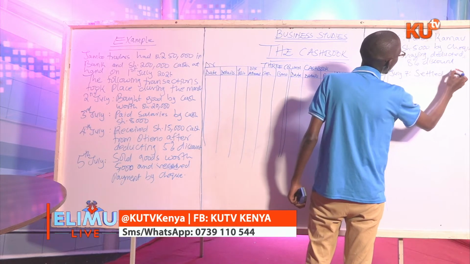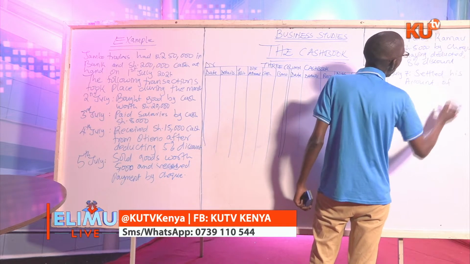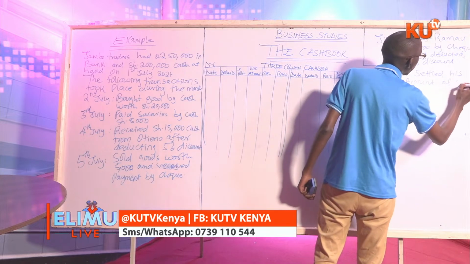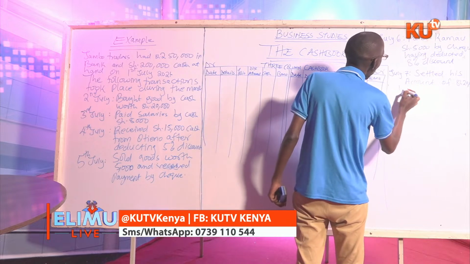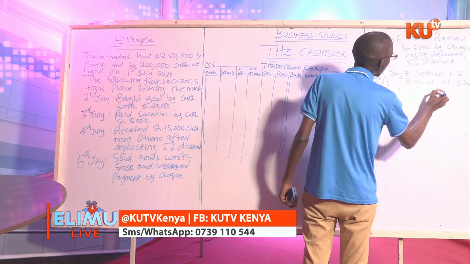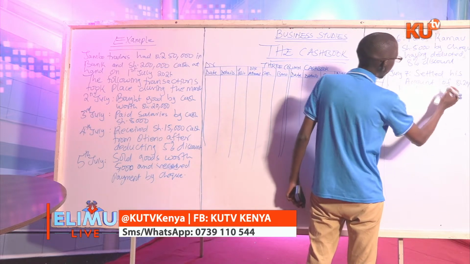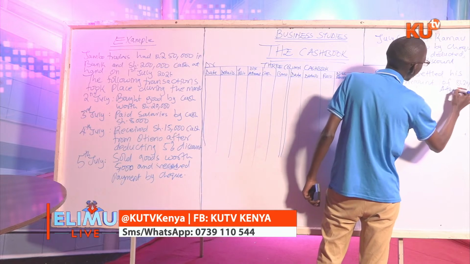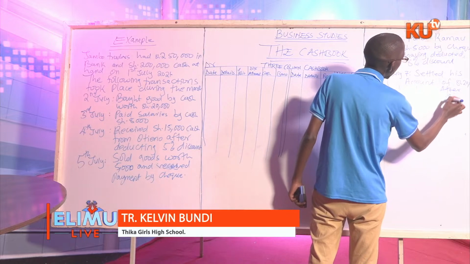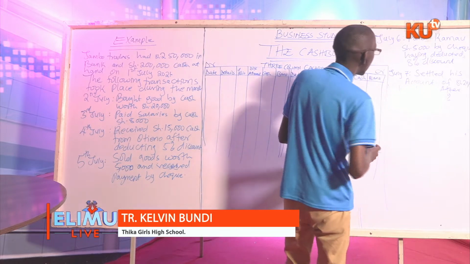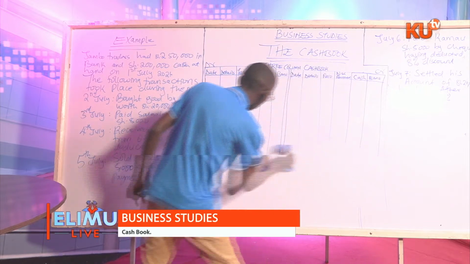July 7, settled his account of shillings 20,000 by check after deducting 10% discount.